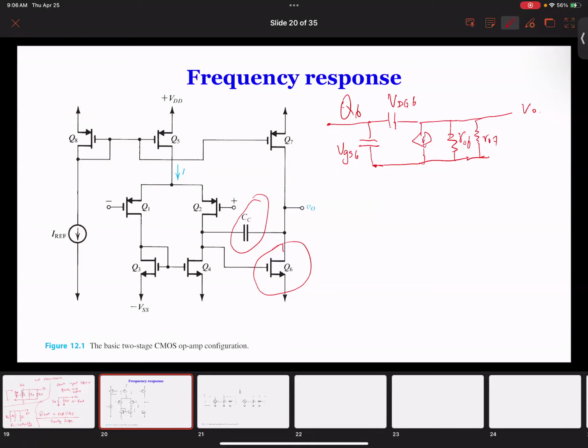Basically, there's something over here as well. But this resistance typically, no, I'm sorry, I used the wrong symbol here. It should be C.